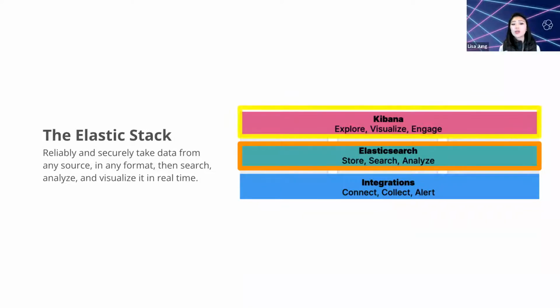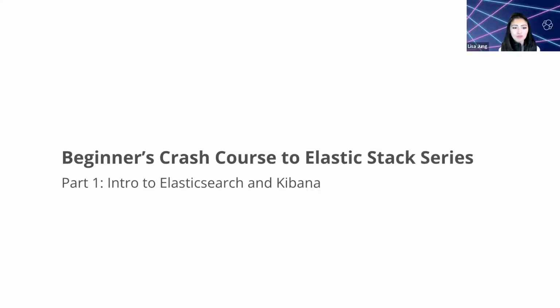Then we have Grafana, which is a visualization tool. It's a UI that helps you visualize and explore data in Elasticsearch. Then we have integrations. Integrations allow you to ingest data as well as connect to all the systems that matter. And you could also send alerts to your notification tool of choice.